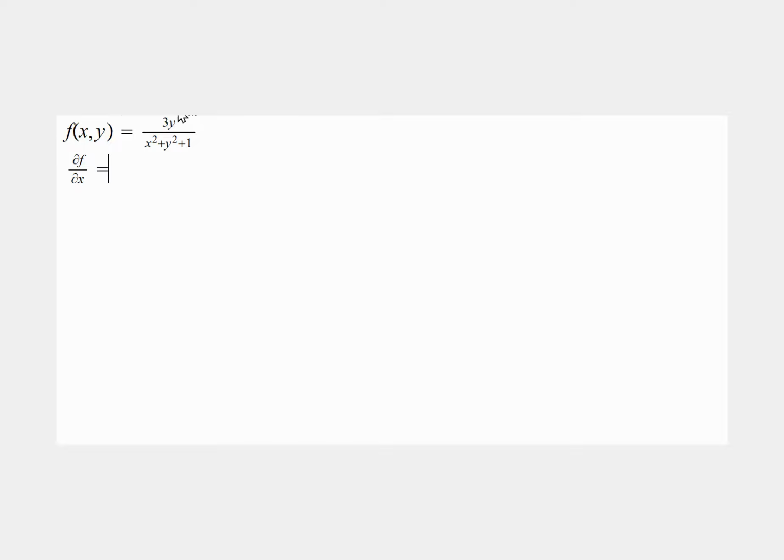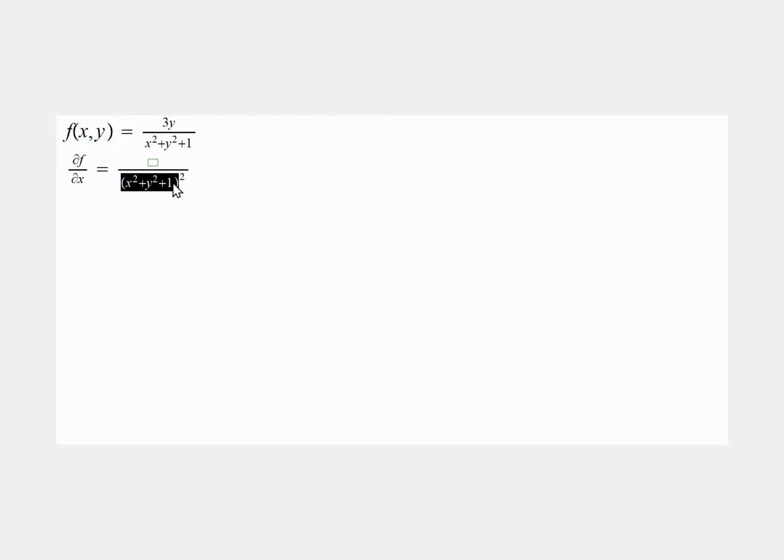So this is the expression, and we are going to treat y as a constant here. When we use the quotient rule, we shall take the square of the denominator. First, let's not forget it. So we squared the denominator.